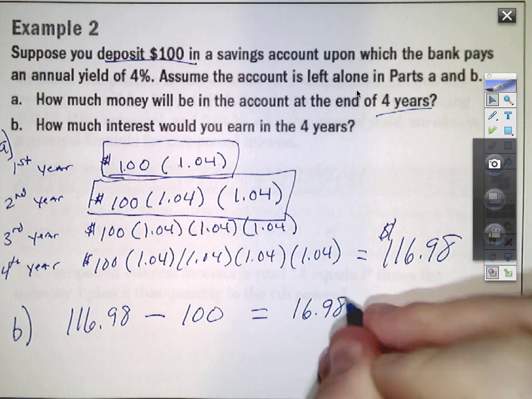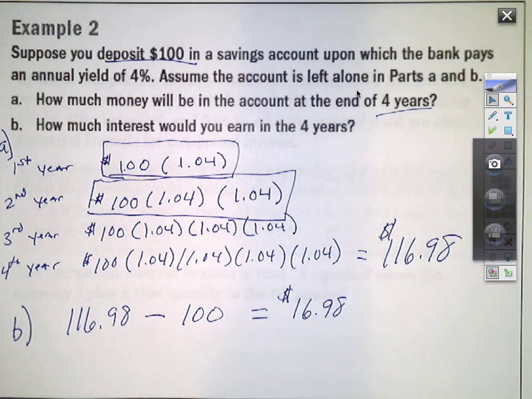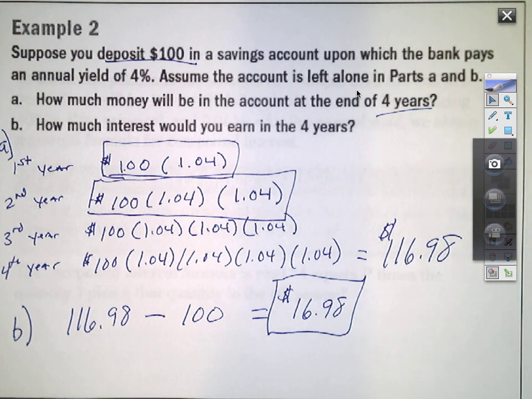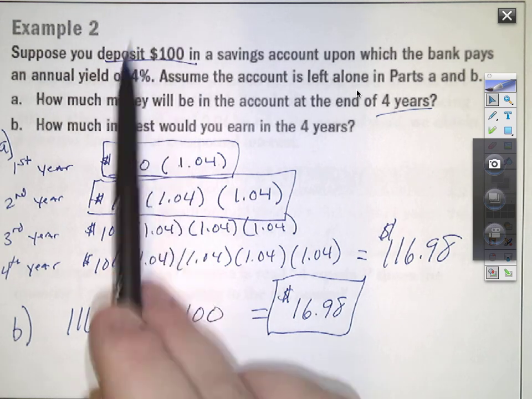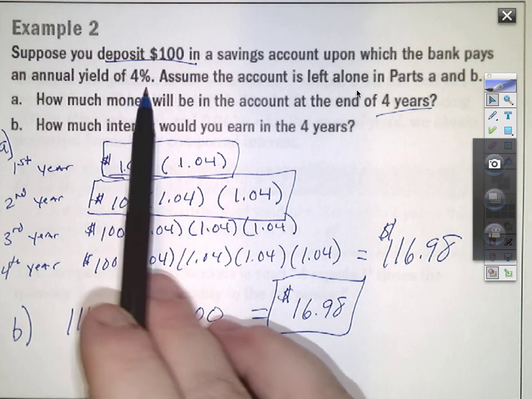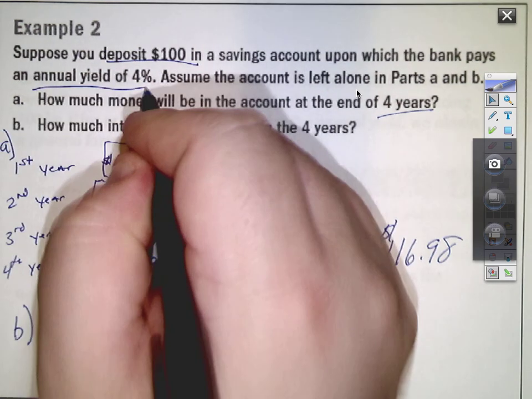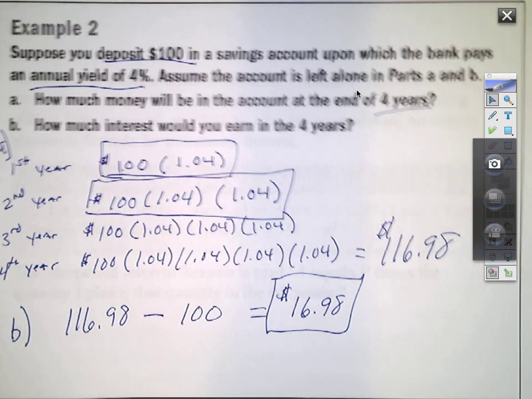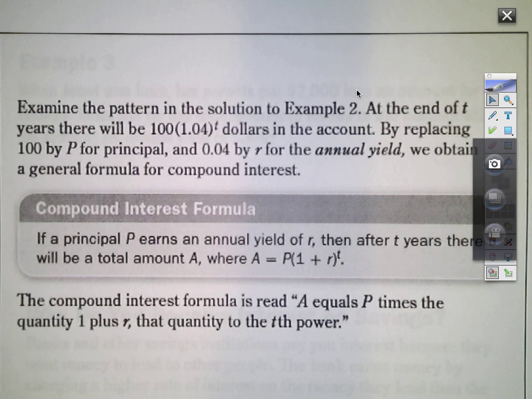If I subtract $100, that means after 4 years I made $16.98. Now, that's not a lot of money, but you also got to remember, I didn't put very much money in. I only put in $100. If I had more money put in, or had a higher interest, a higher annual yield, I would make more money.